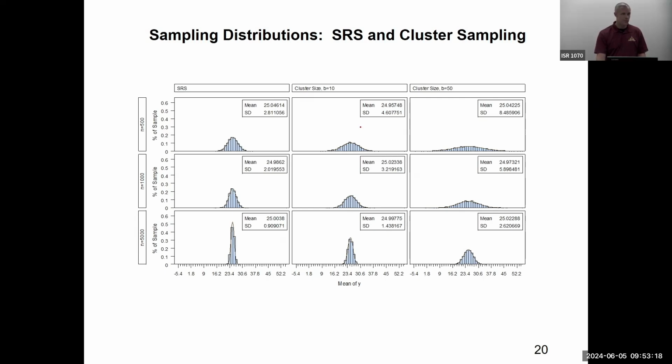That's the effect of the probability sampling design on the variance of our estimates, not the bias, the variance. When we talk about the design effect, we're talking about the effect of the probability sampling design on the variability of our estimates. And this simulation is showing you how cluster sampling will spread out the variability of those estimates, or spread out the estimates themselves, I should say.